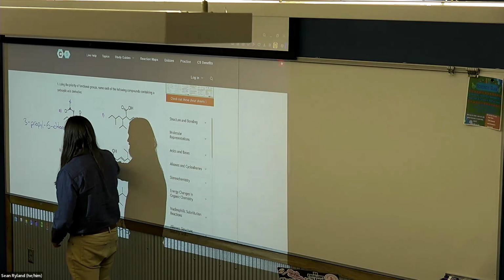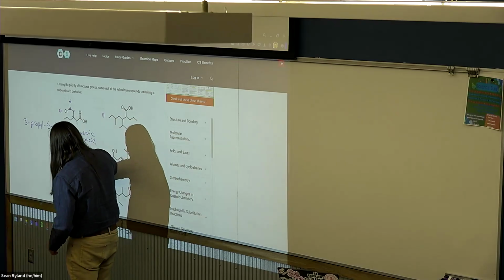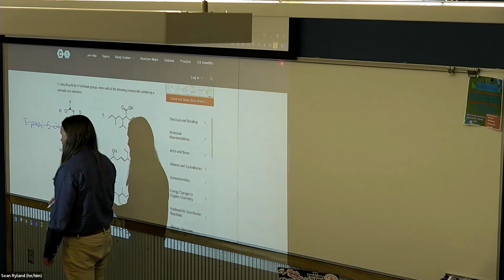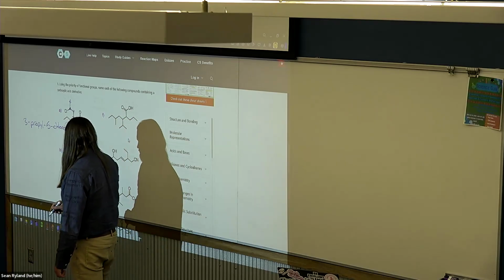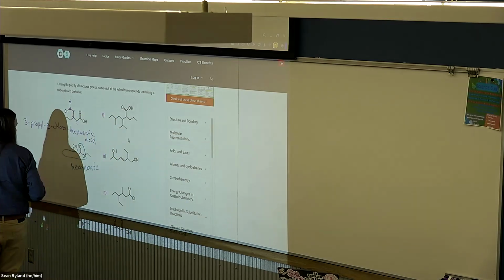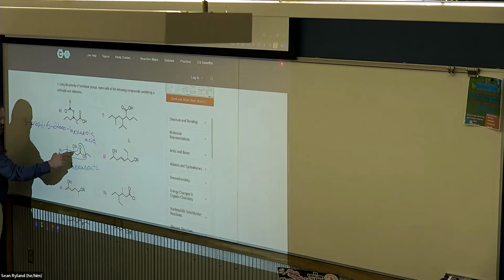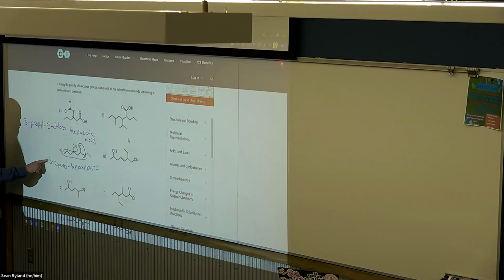Oh, wait, so this is an ester. So we drop the acid and we name it like it's deprotonated. And then we have cyano. So 1, 2, 3, so 3-cyano. Then we've got a methyl on carbon 5, right?